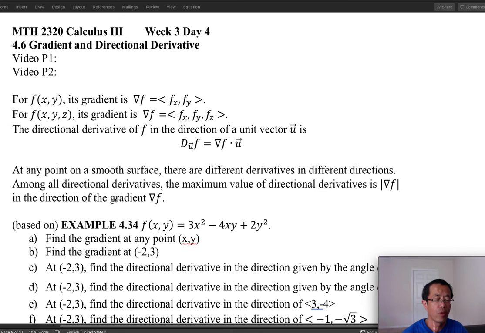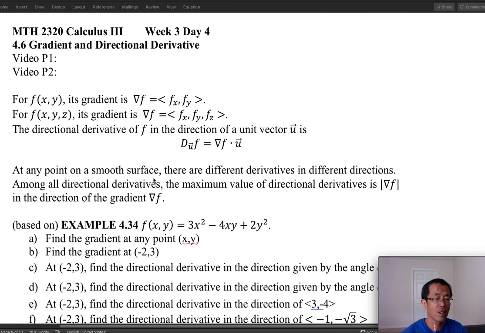And also, if you understand that there are many directional derivatives, another question we want to answer is mathematically the maximum. What is the maximum rate of change, the maximum value of the derivative, and in which direction may it occur? So the gradient answers both.